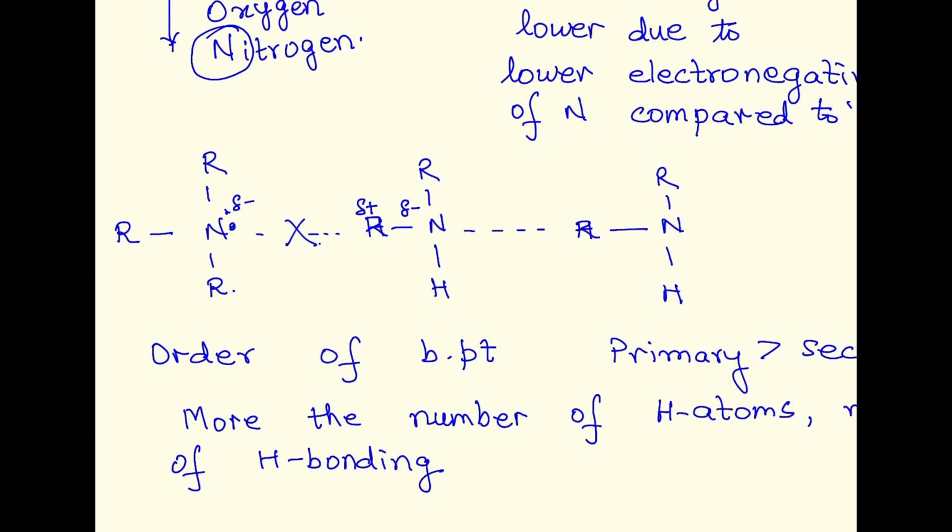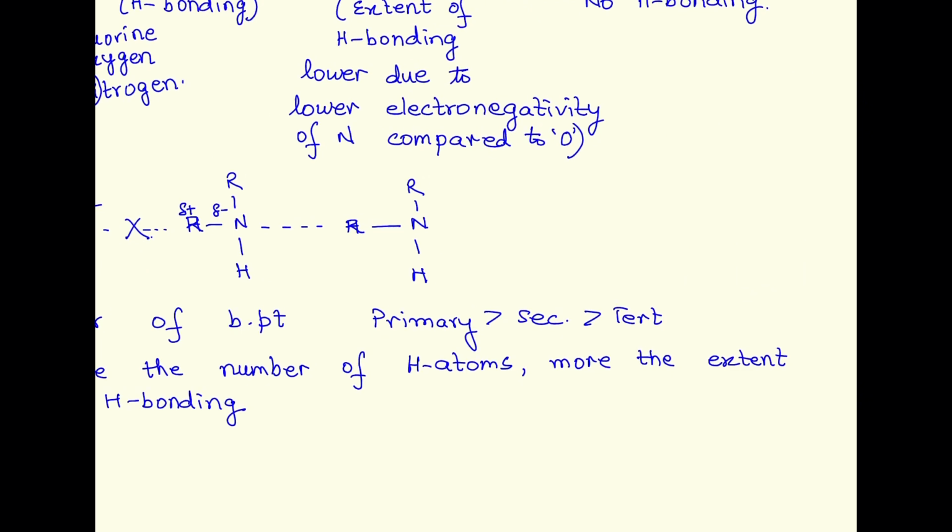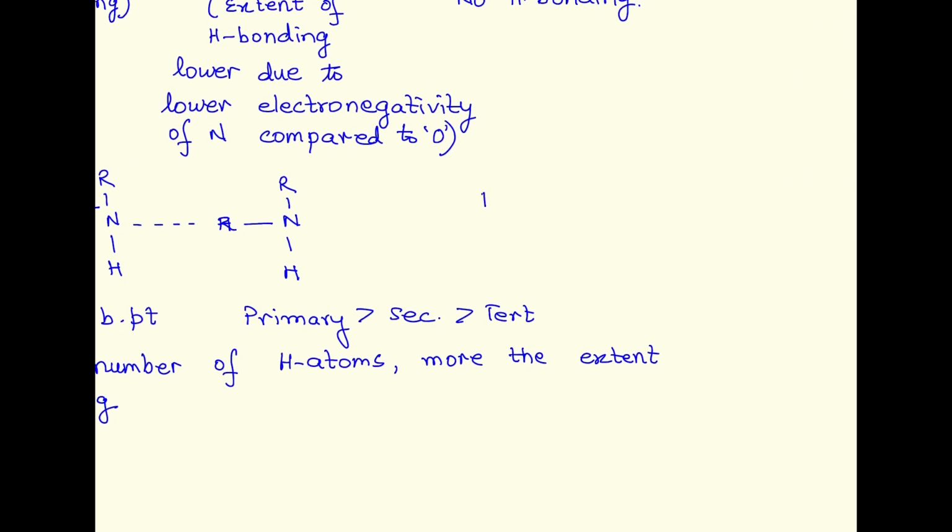So what do you think would be the order of boiling point for a primary, secondary and tertiary amine? When I am talking about primary, I have RNH2. When I am saying secondary, I have R2NH. When I have tertiary, this is how it is. So what will happen to the extent of hydrogen bonding?